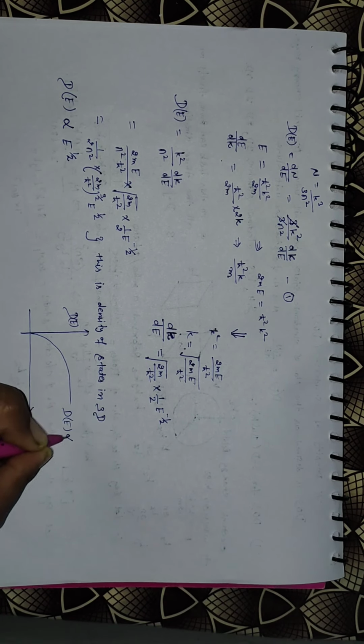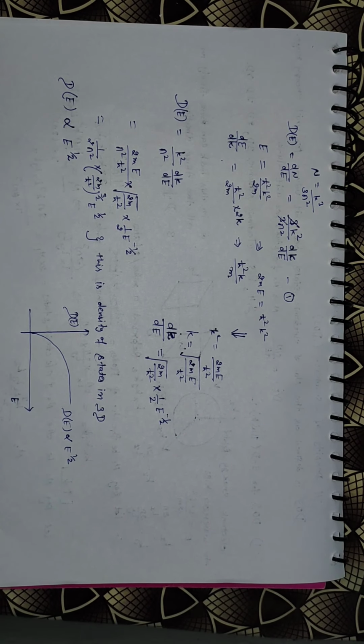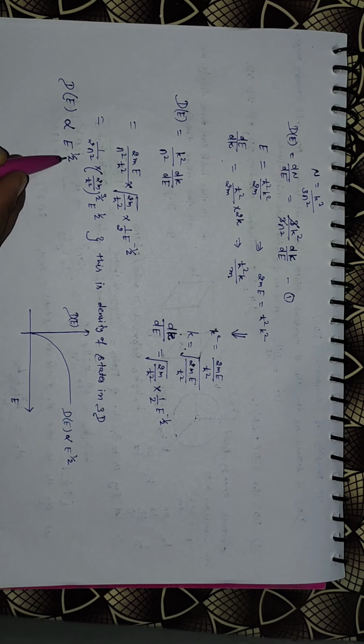D(E) is directly proportional to E to the half. As E increases, density of states increases.